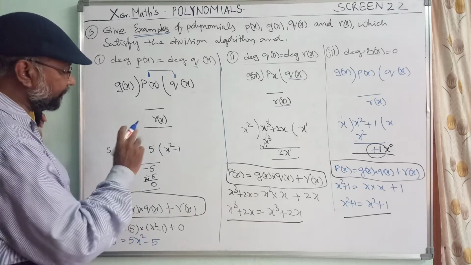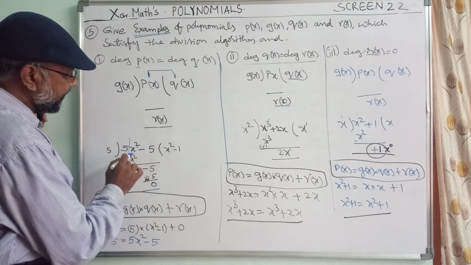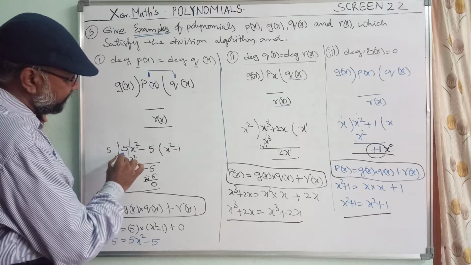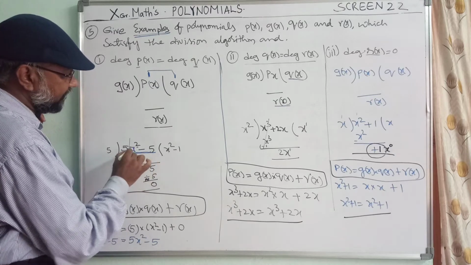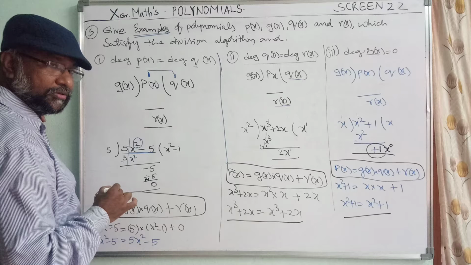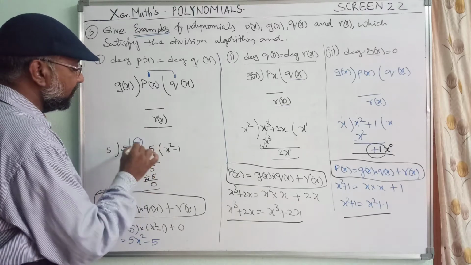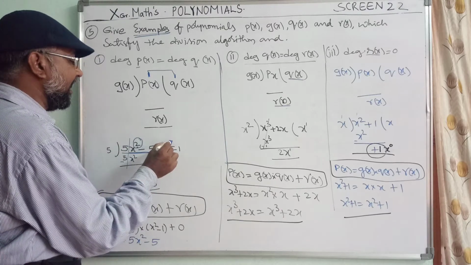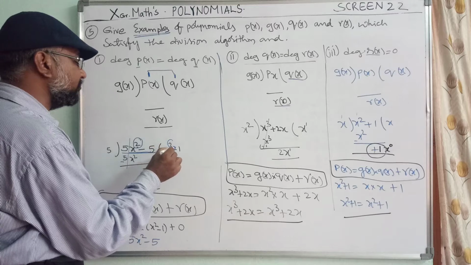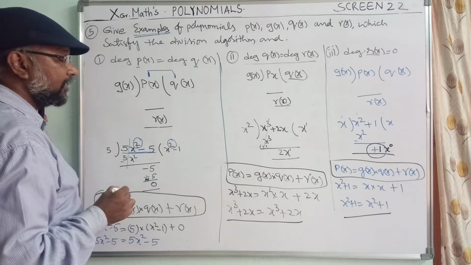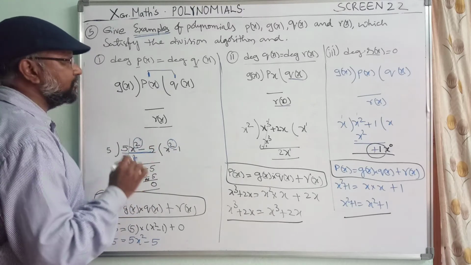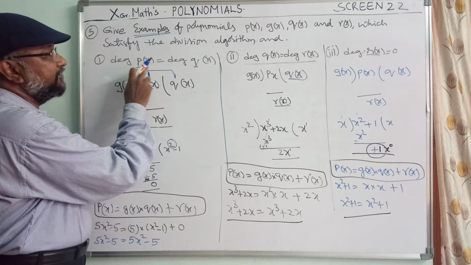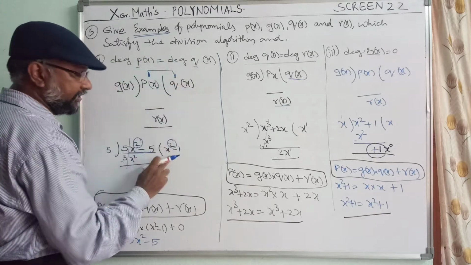Now if you see carefully, the degree of this polynomial 5x square minus 5 is 2, the highest power of the dividend, and the degree of the quotient is 2. Therefore degree of p of x is equal to degree of q of x.